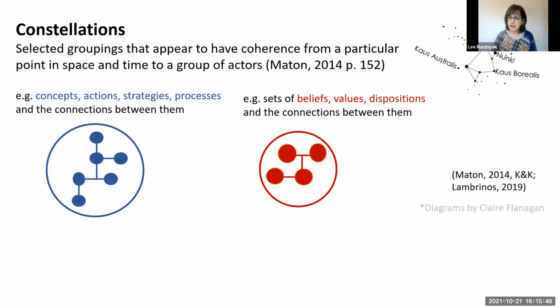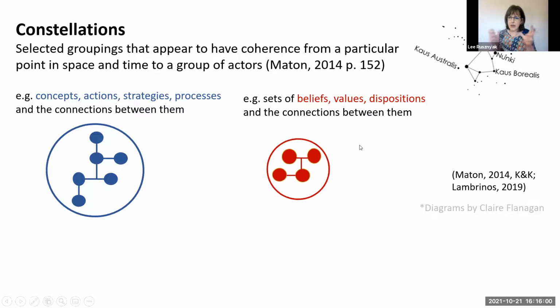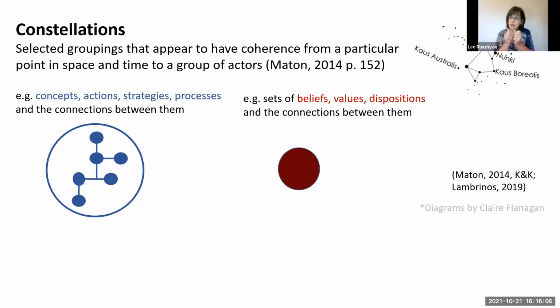that are connected. The one thing that I'm just wanting to show you here is that you could have a cluster of actions or behaviors that can be condensed into dispositions. And those dispositions, a cluster of them, could be condensed even further into ethics.